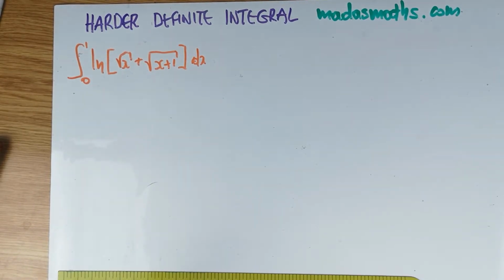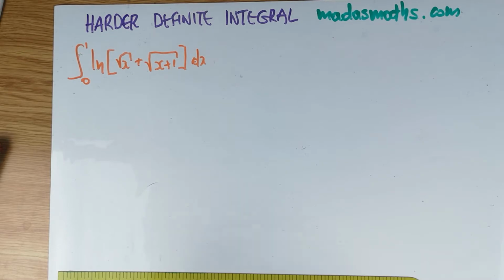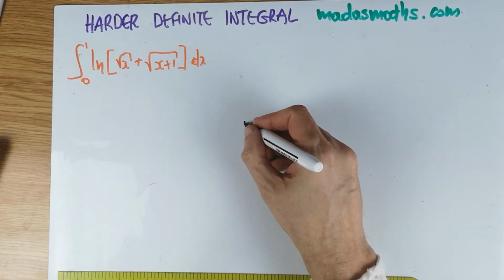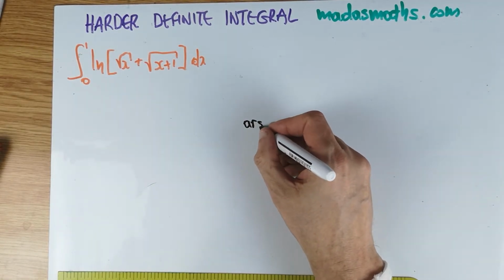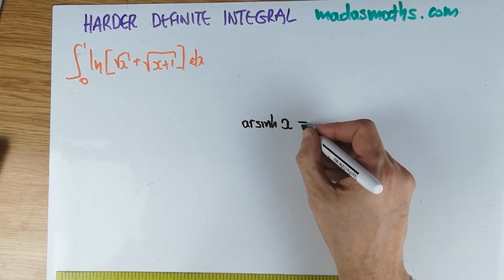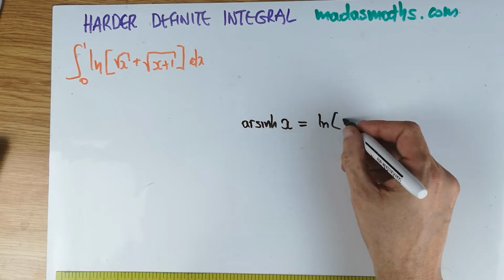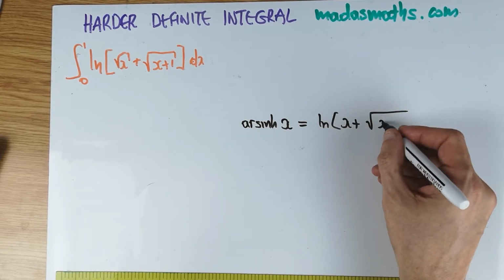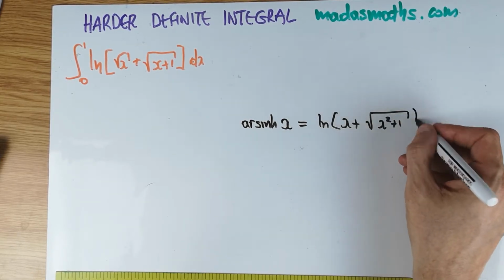This is actually a lot easier if you spot something, and the something to spot is the logarithmic form of the arsinh of x, which is of course the log of x plus the square root of x squared plus 1. Normal further maths.